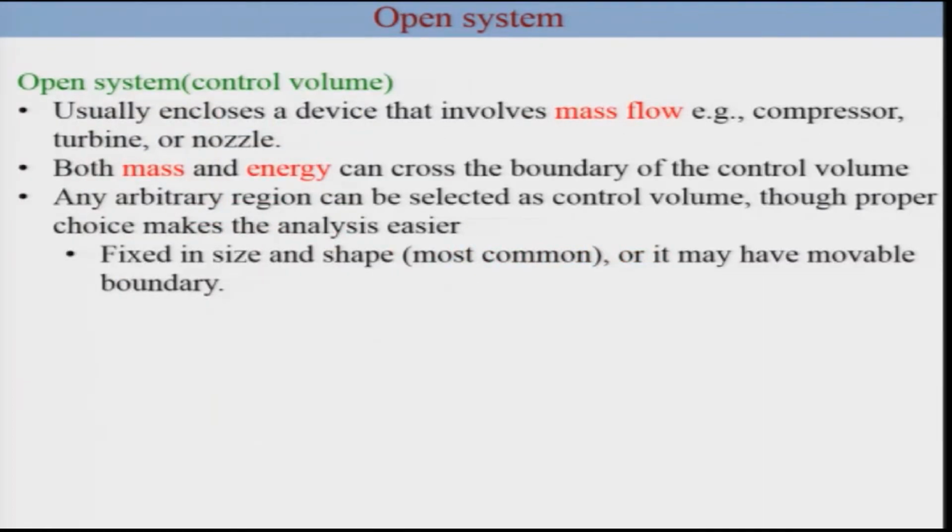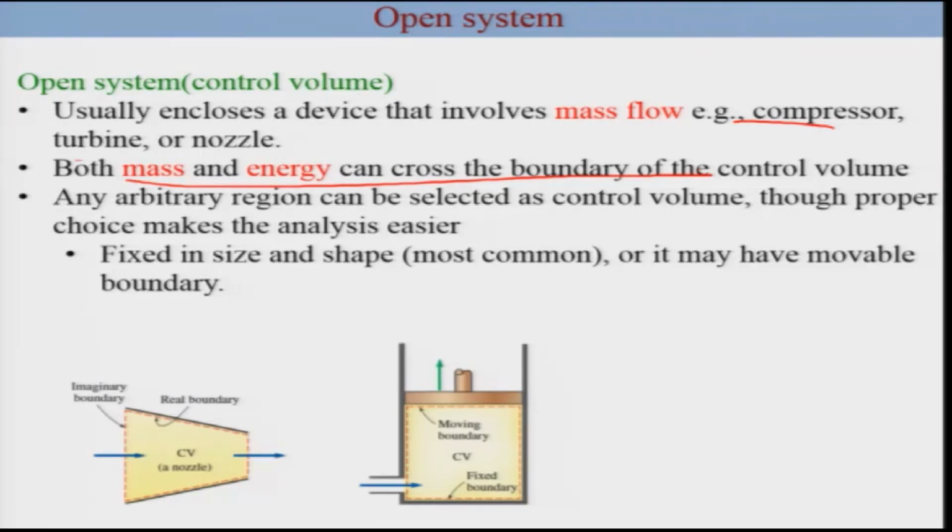In case of an open system, such as the compressor, turbine or nozzle, both mass and energy can cross the boundary of the control volume. Typically we define this kind of dotted line as a control volume, which is used to define an open system. It can have an imaginary boundary or a real boundary.